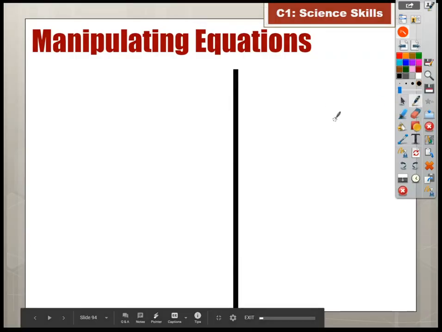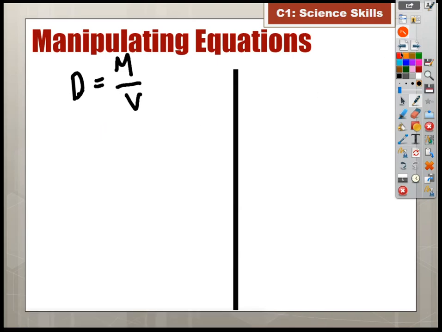So it basically goes like this. We know that D equals M over V. That is our identity. That is what we've been told. So the question is, what if we wanted to find what M equals? What if that is our goal? So what we can do is manipulate the formula to get M alone.